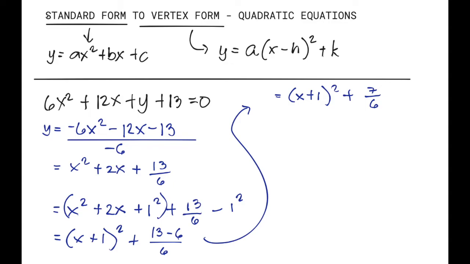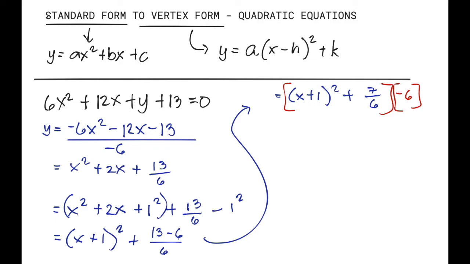What we're going to do here as the last step is to multiply by negative 6. We need to multiply negative 6 here. Okay, I'm going to use a different color. We're going to multiply it here so that we can go back to the original meaning of the equation.